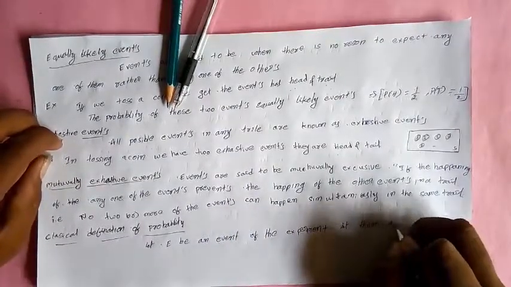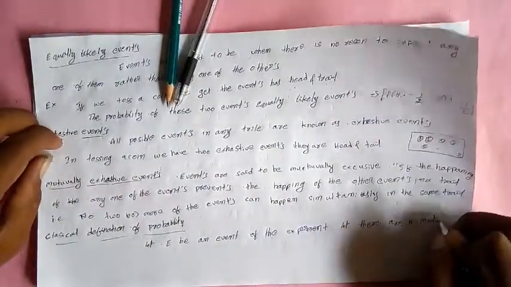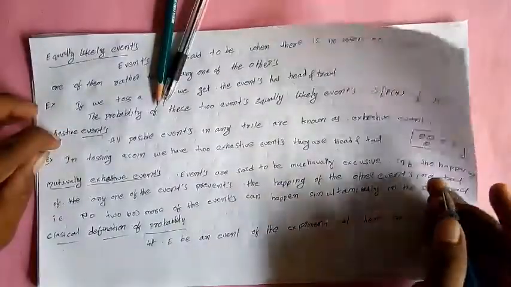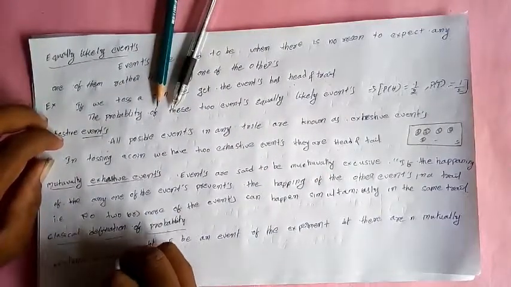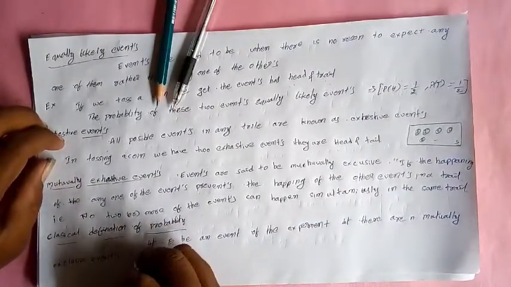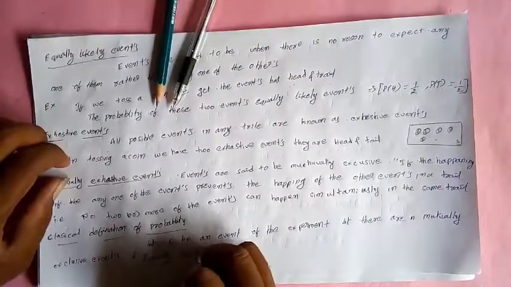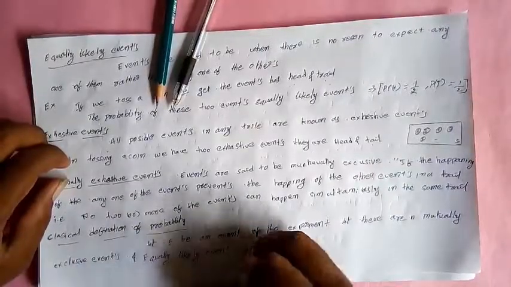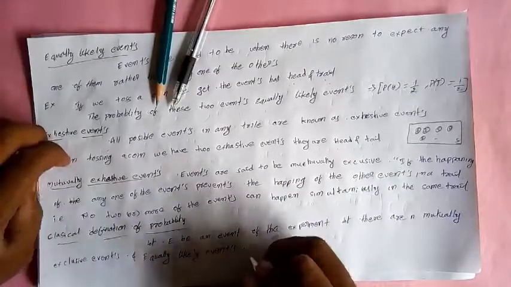There are n mutually exclusive and equally likely events. Elementary events are also equally likely events; they are both the same.